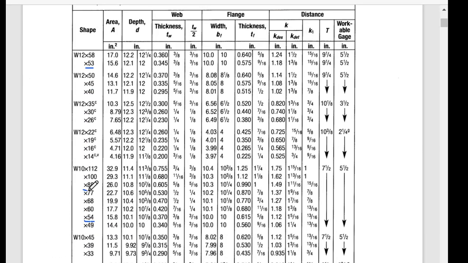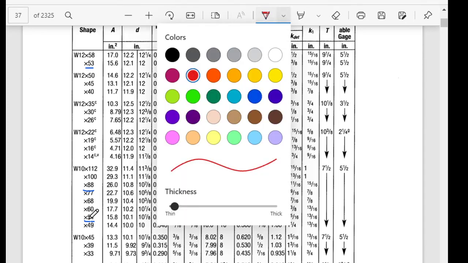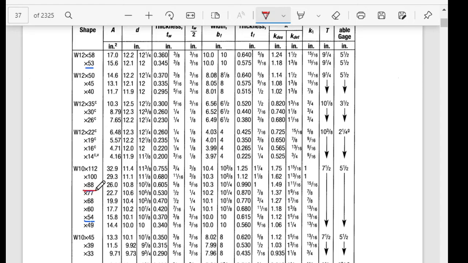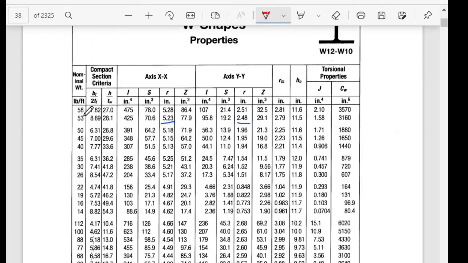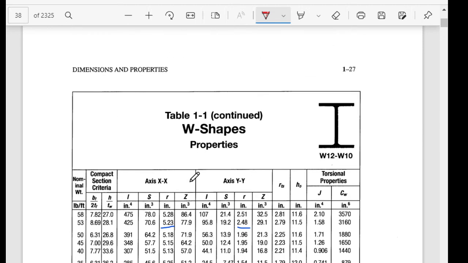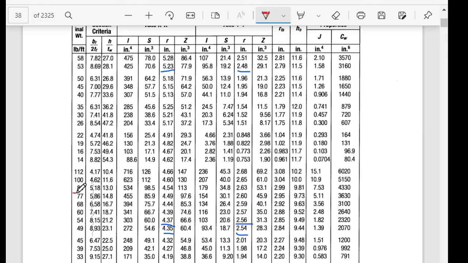W10 by 88, value of the radius of gyration along X is 4.54 and along Y is 2.63.